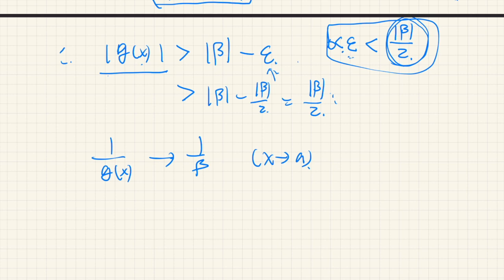And we are done. The next property is about the composition of functions. In this case, unlike the previous cases, consider these limits. As x goes to a, f of x converges to b.